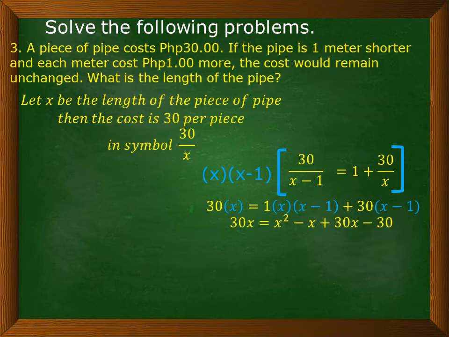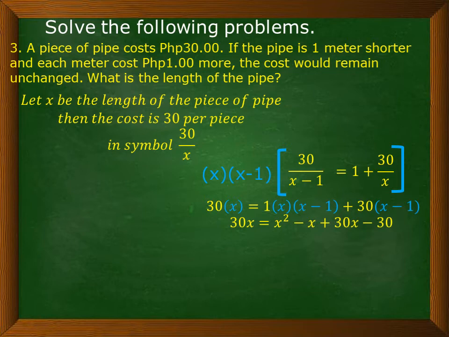Your 1 multiplier there is useless. Because any number multiplied by 1 is the number itself or the expression itself. So for the last one, 30 times x is 30x minus 30 because 30 times negative 1.